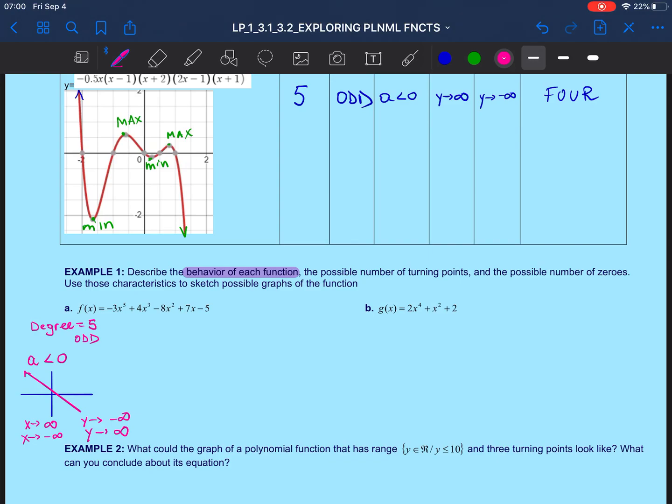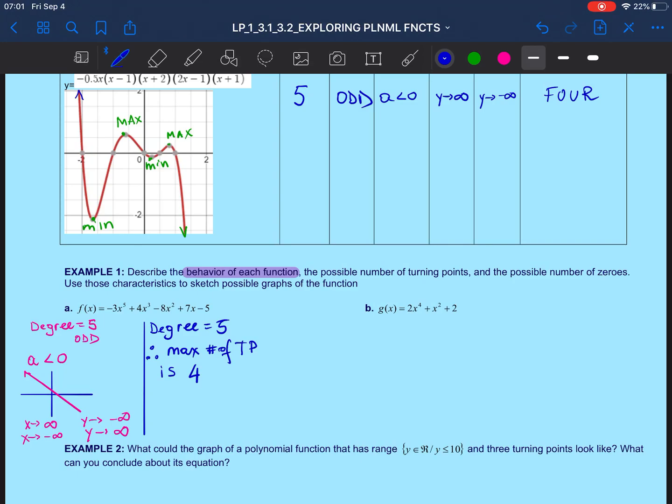Okay? The next thing is the number of turning points. The maximum number of turning points will depend on the degree. So, degree 5 suggests that the maximum number of turning points is 1 less than the degree, so 4.